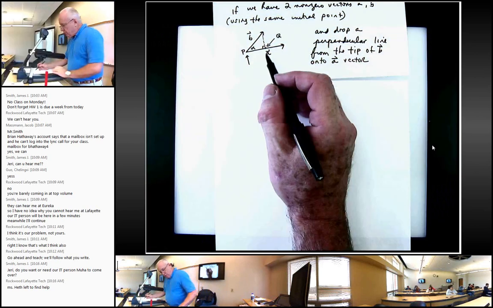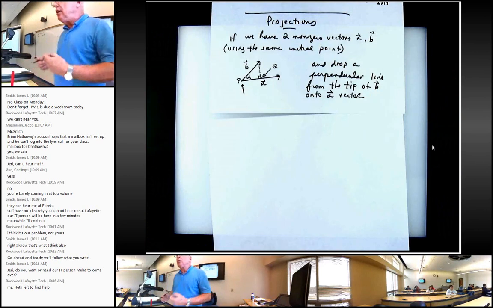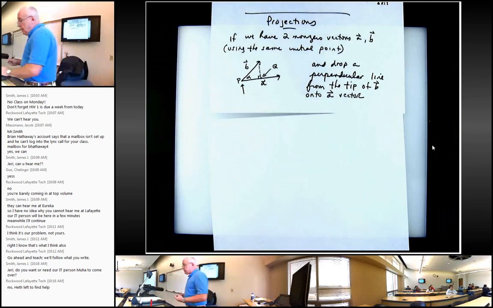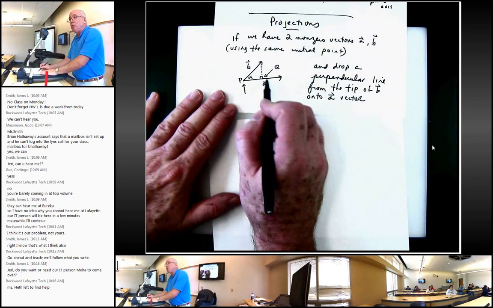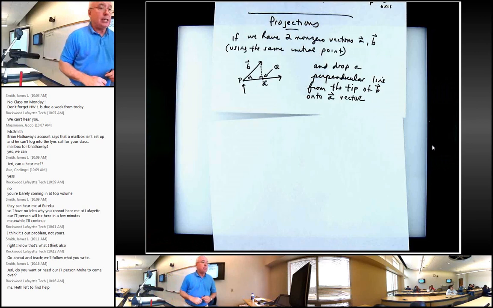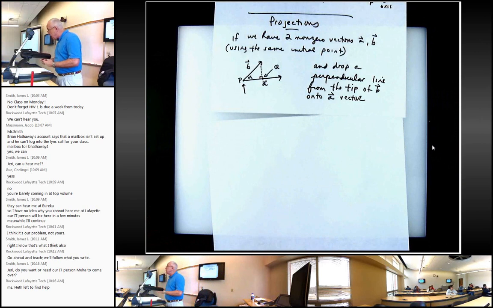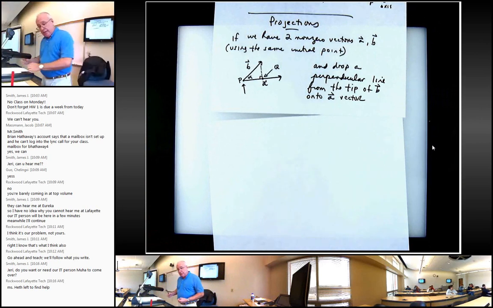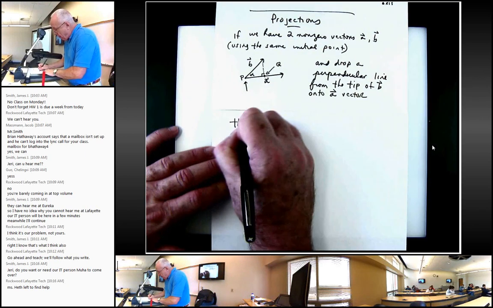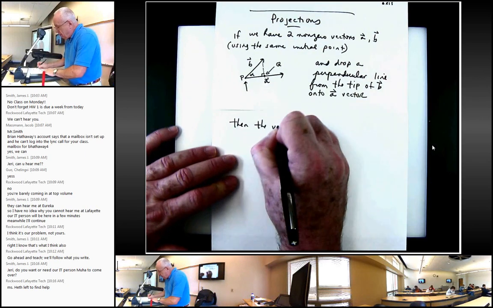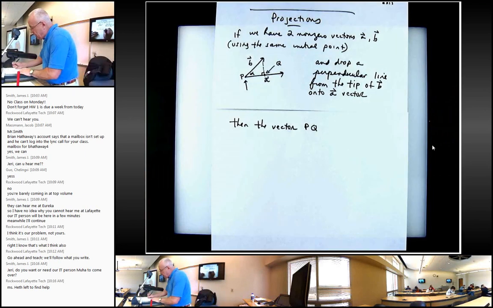Notice that when we drop this perpendicular down, we actually create a new vector as a result. If we look at the vector from the point P to the new point Q that's created by that perpendicular, this has a name: it's called the vector projection of B onto A. The vector from where they join, P, to where that perpendicular is, Q. Let me put an arrow on top of it.